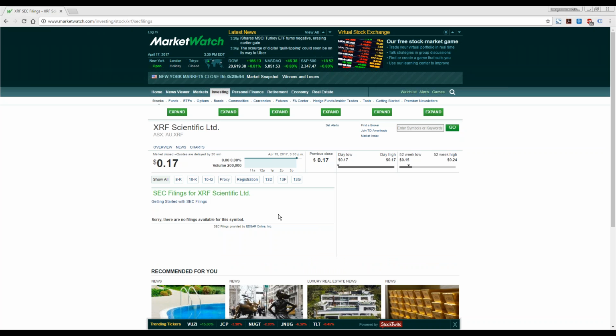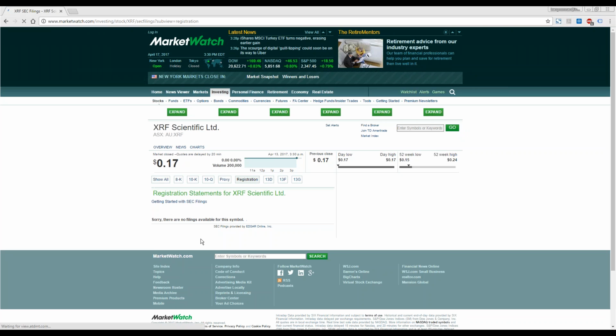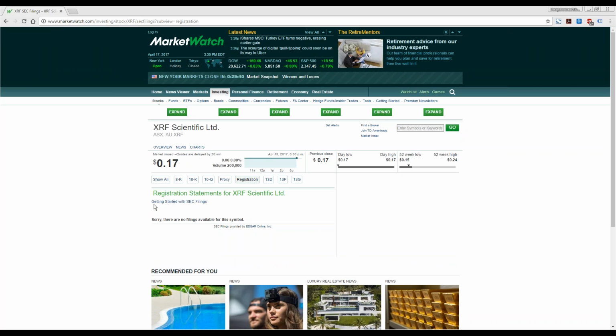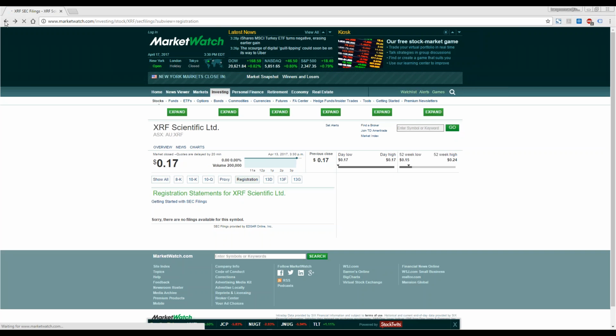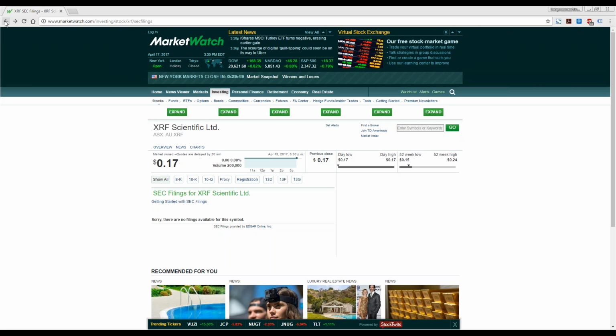They'll give you the full prospectus and all the information about the company. Everything's been filed with the regulatory bodies, so that you can then start making a decision. But it is your job to research them all.